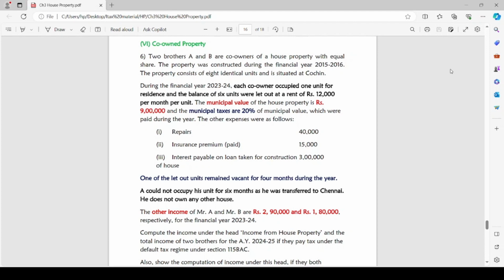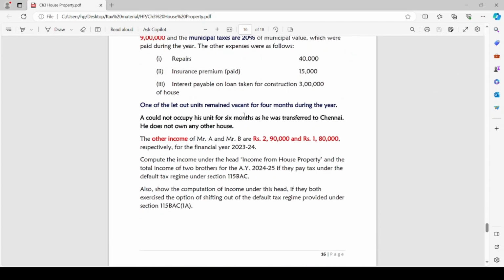The municipal value of the house property is rupees 9 lakh and the municipal taxes are 20% of municipal value, which were paid during the year. The other expenses were as follows: repairs rupees 40,000, insurance premium paid rupees 15,000, interest payable on loan taken for construction of the house rupees 3 lakh. One of the let out units remained vacant for 4 months during the year.